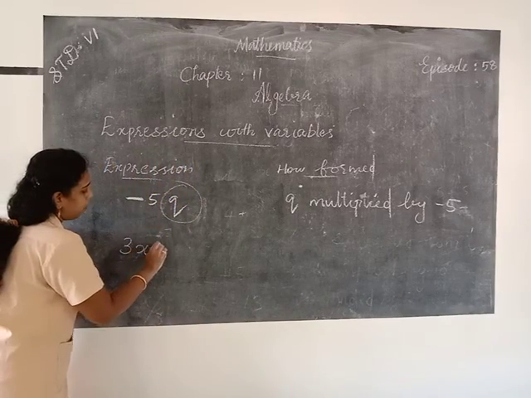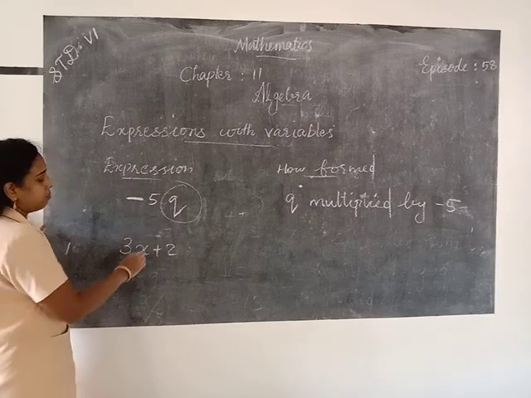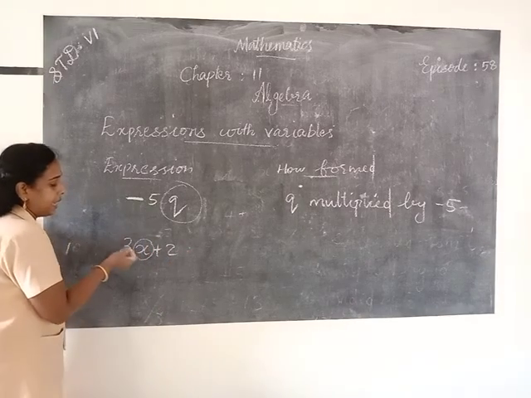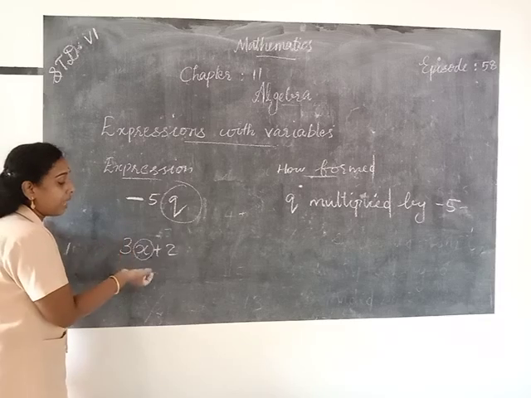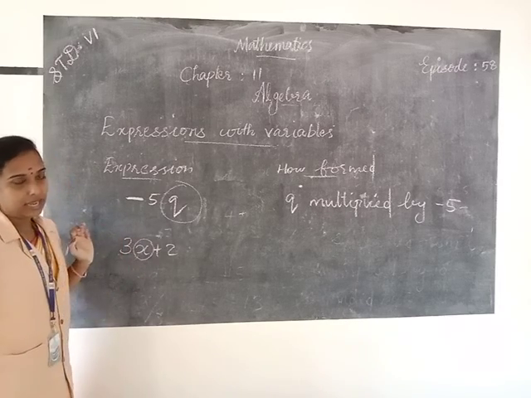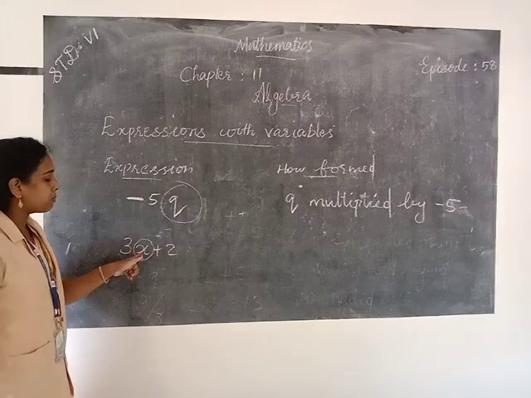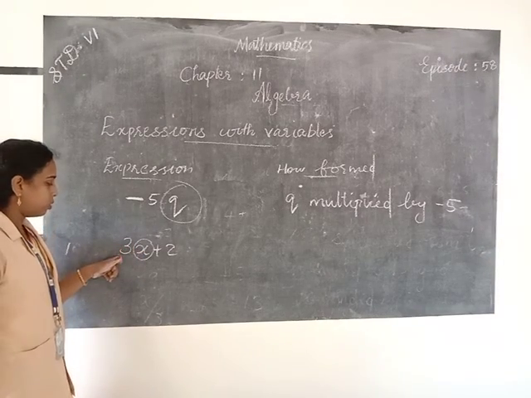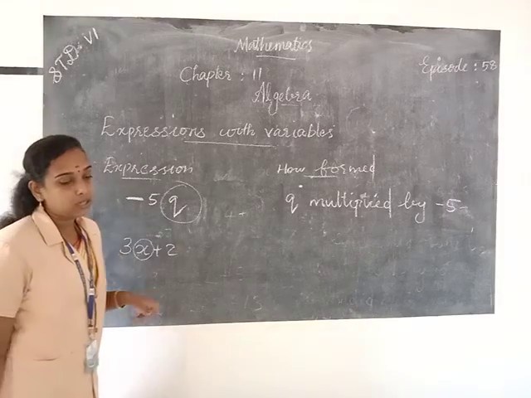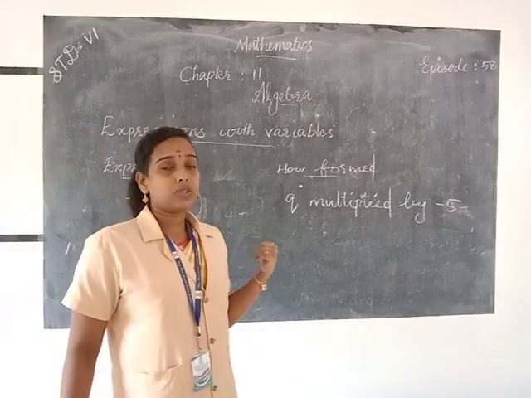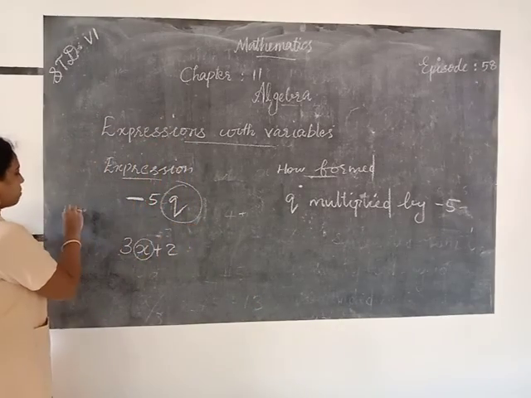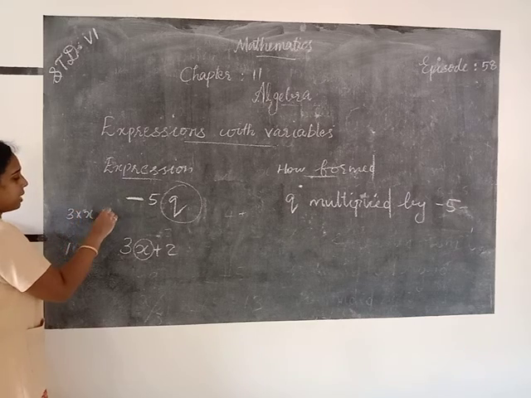Here two operations are used. First we multiply the variable x by 3. Then we add 2 to the result, then we get the answer. So the expression is formed by first multiplying the variable x by 3, then we add 2 to the product. Here 3x means 3 into x, then plus 2.